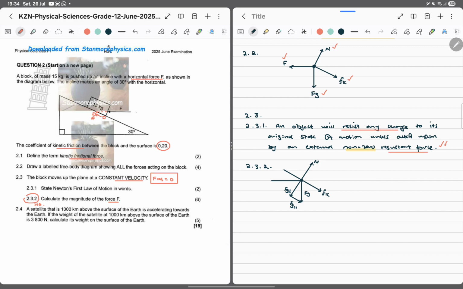So this force itself will have the vertical component and a parallel component.